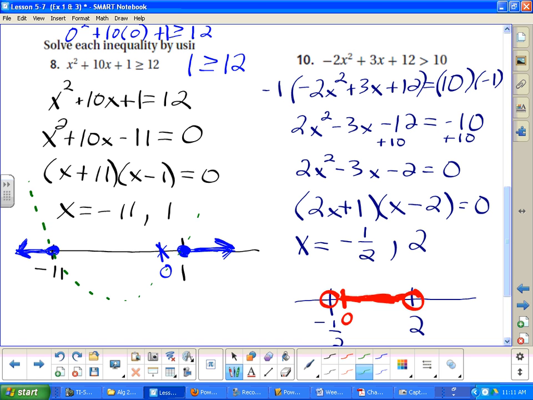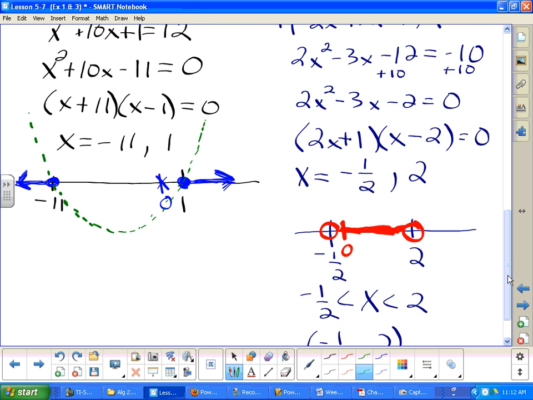If I drew a dotted line there to represent the graph, then I can see that the graph is above the line when the values are less than negative 11 or greater than 1.